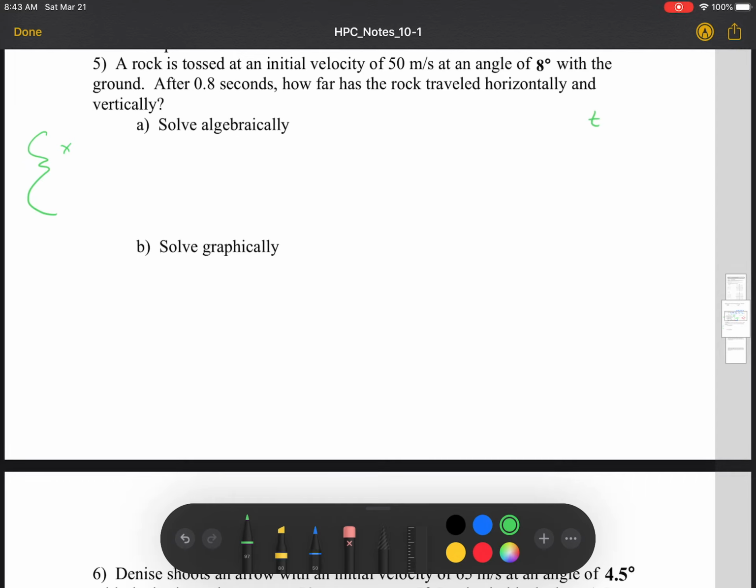Our time is 0.8 seconds. Our initial velocity is 50 meters per second. Our theta is going to be 8 degrees. We're looking for our x and our y.